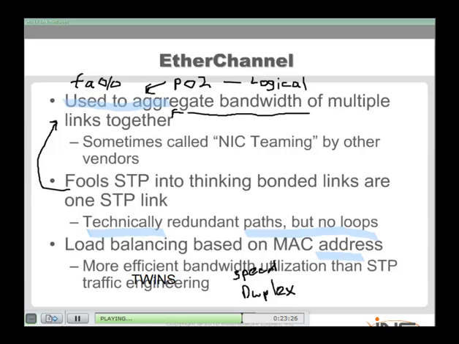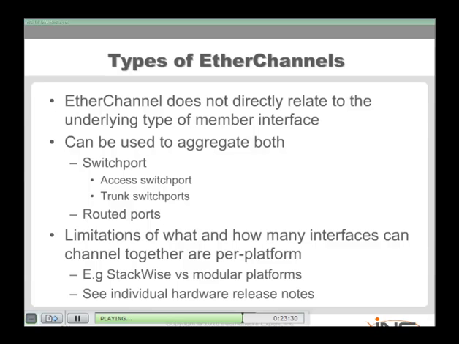Now, realize that thanks to the different types of Catalyst switches we can have, for instance, layer 2 only versus multilayer Catalyst switches, we can create EtherChannels that are based on layer 2 links. Or we can create EtherChannels that are based on layer 3 links.